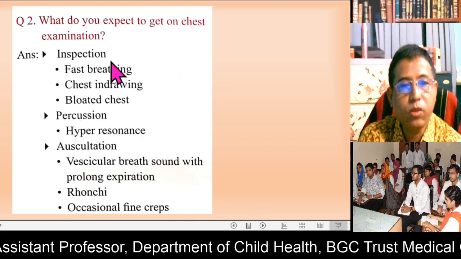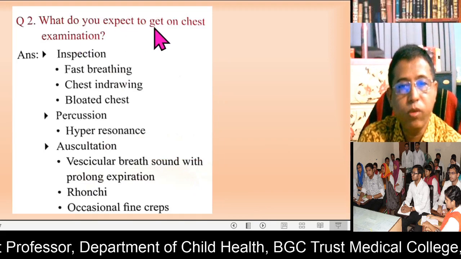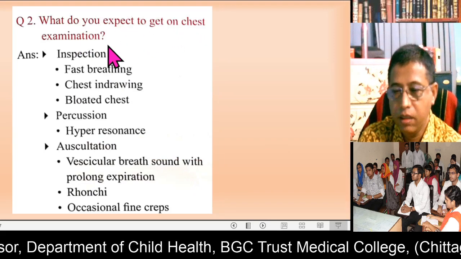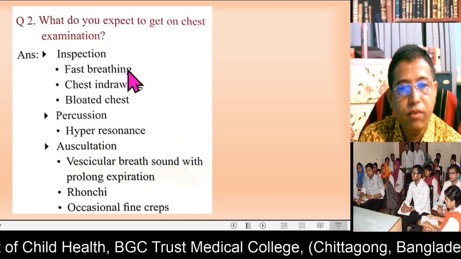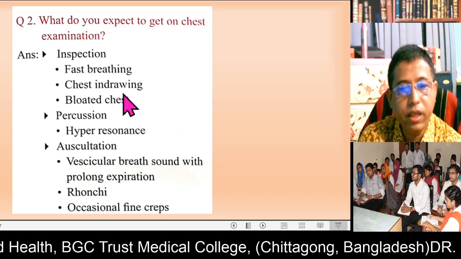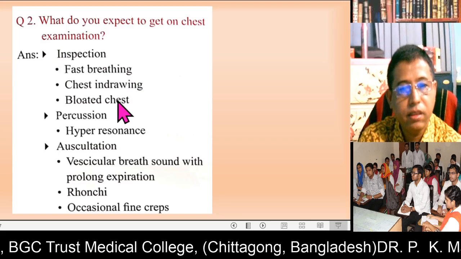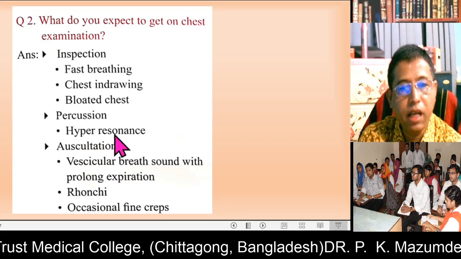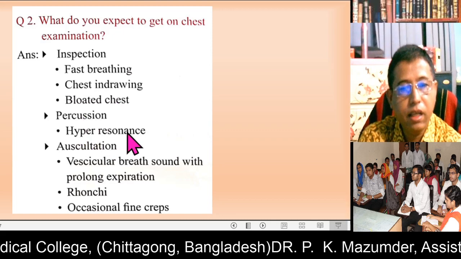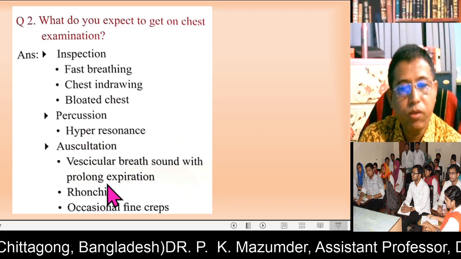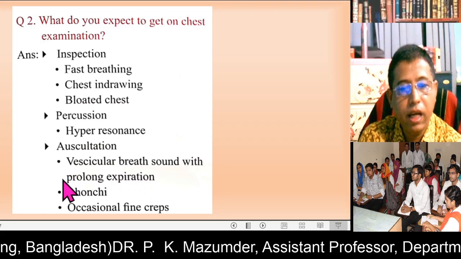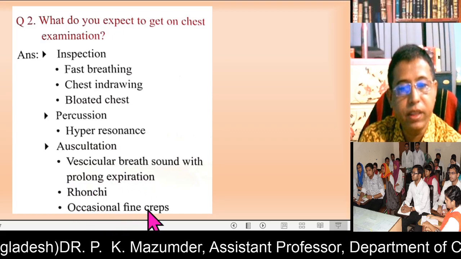Now next question: what do you expect to get on chest examination? You answer in this way: on inspection, fast breathing, chest indrawing and bloated chest; on percussion, hyperresonance; and on auscultation, vesicular breath sound with prolonged expiration, and rhonchi occasionally found.